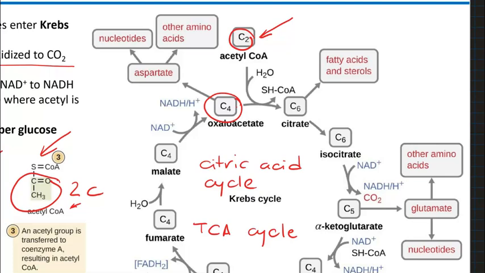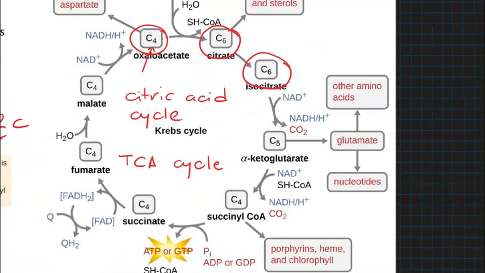I'm going to ask you a bunch of very silly questions. What is 2 plus 4? 6. So the combination of these 2 molecules results in the formation of citrate, the 6-carbon intermediate of the cycle, that first goes through isomerization to isocitrate, and isocitrate loses carbon dioxide and goes from 6 to 5 carbons in the molecule of alpha-ketoglutarate.